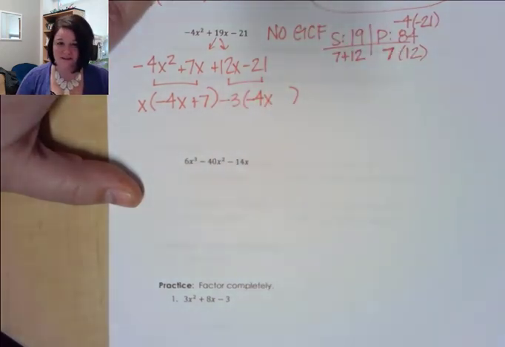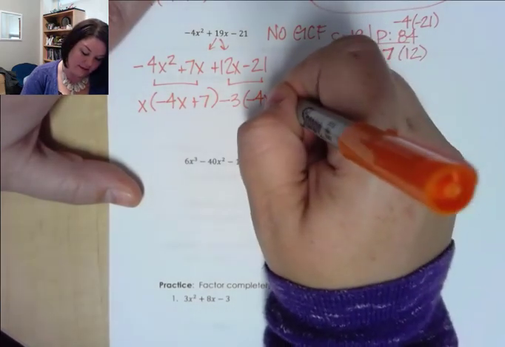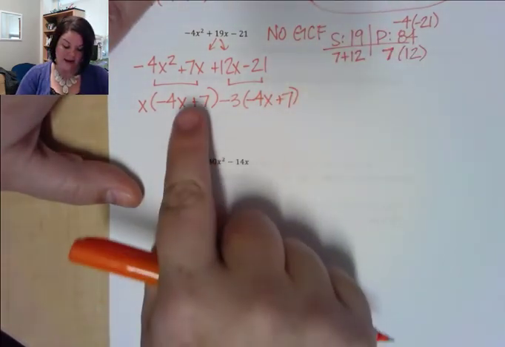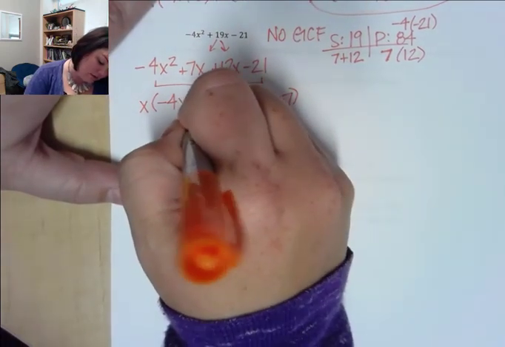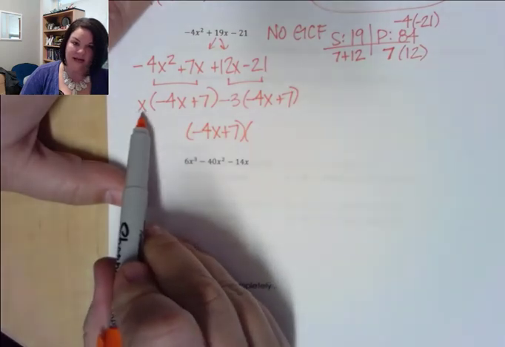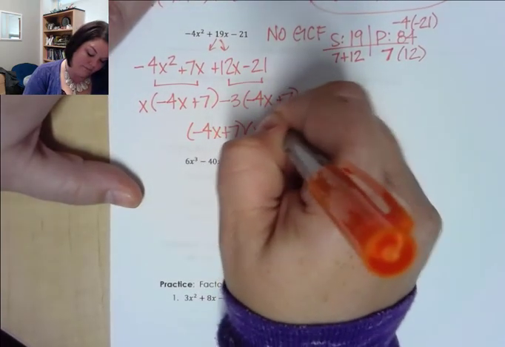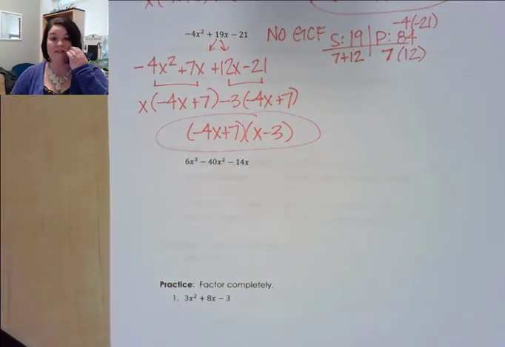Does that make sense? Okay, and then negative 21 divided by negative 3 will give me the positive 7 that I needed. And now that my leftover quantities match, I can take those out. So negative 4x plus 7, and what I'm left with is x and minus 3. I had no greatest common factor, so that is my solution.